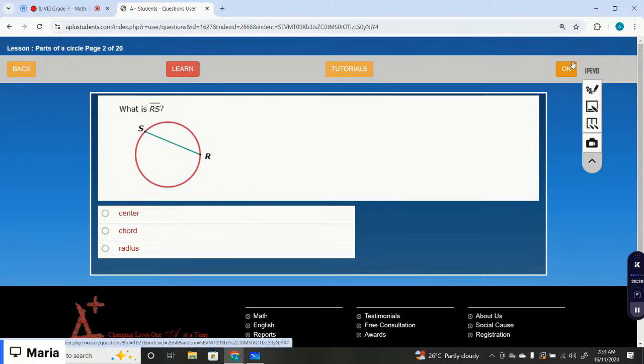Center, chord, radius, which is the correct option? That is chord.